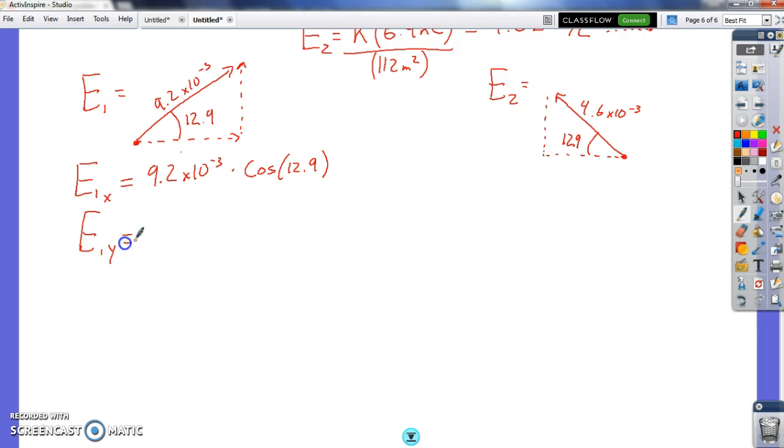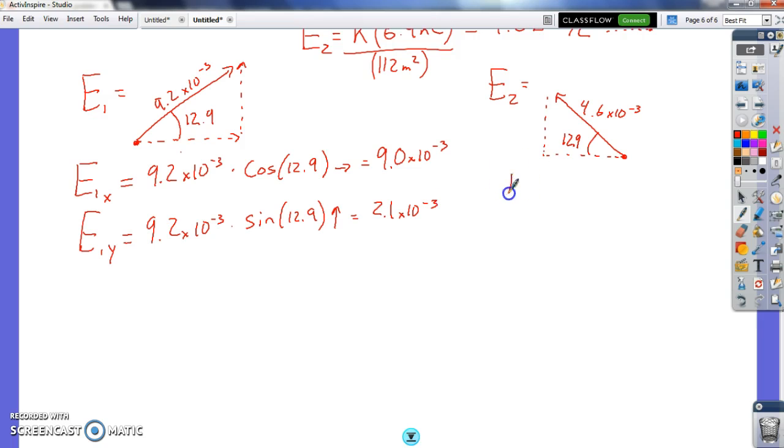E1y is going to be 9.2 times 10 to the negative 3 times sine of 12.9. That's going to be in this direction. That's going to be in this direction. And those are 9.0 times 10 to the negative 3, and this one is 2.1 times 10 to the negative 3.